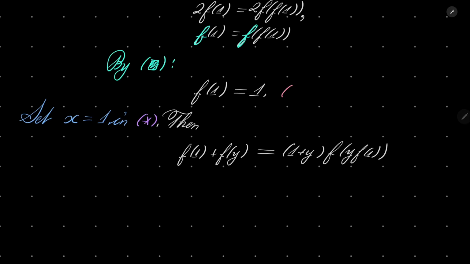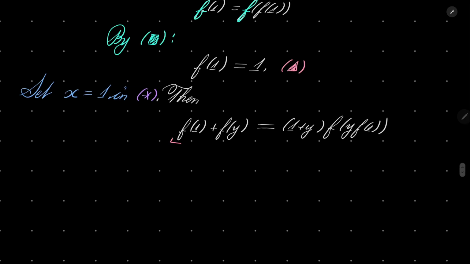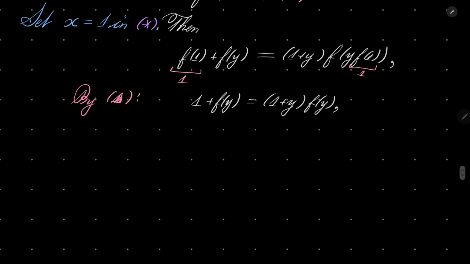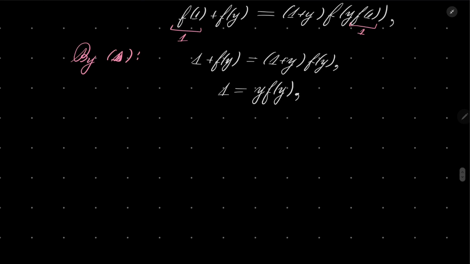And I will use this condition, which I marked triangle. By our condition triangle, f(1) is 1 on both sides. So 1 + f(y) equals (1 + y) times f(y). Perfect, because now we can multiply out the right hand side and we'll get 1 equals y times f(y), which means that for every positive number y, f(y) must be equal to 1 over y.